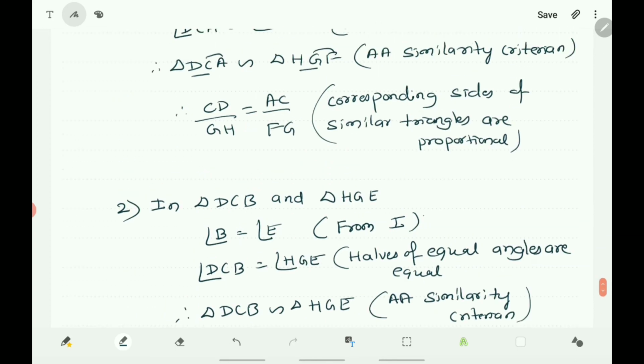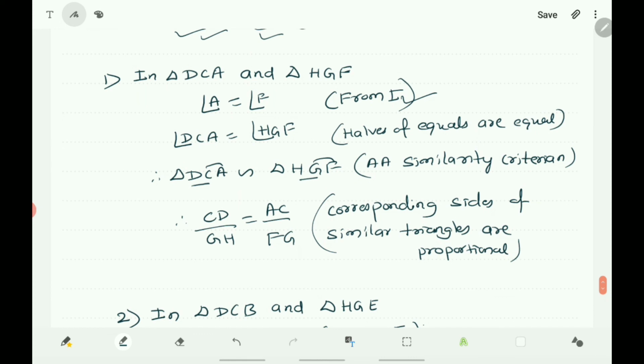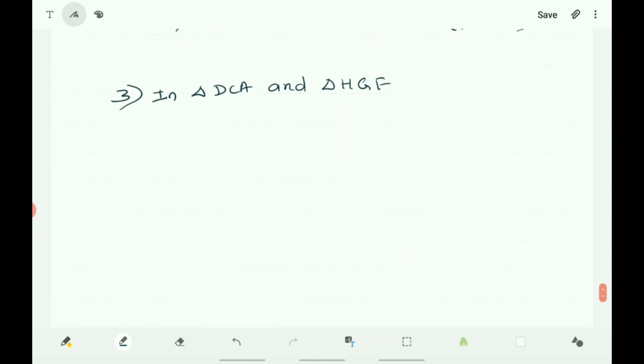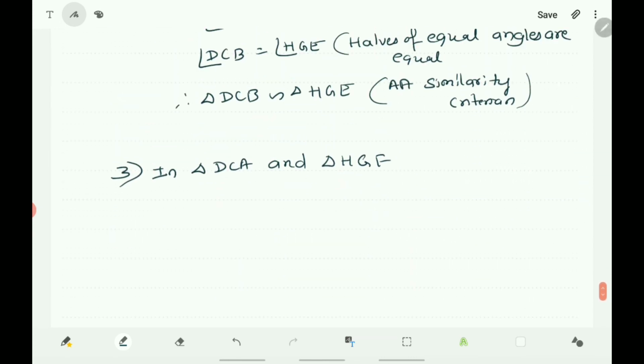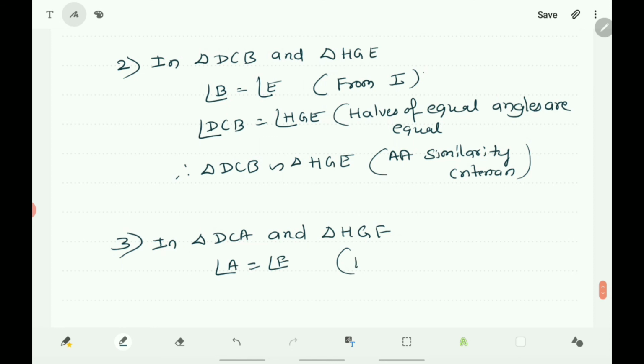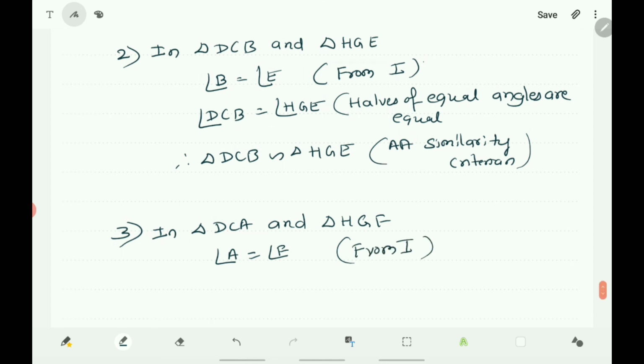You write the angles here. You know that A and F are angles of the similar triangles, angle A is equal to angle F. So from the first you can write, corresponding angles of similar triangles.